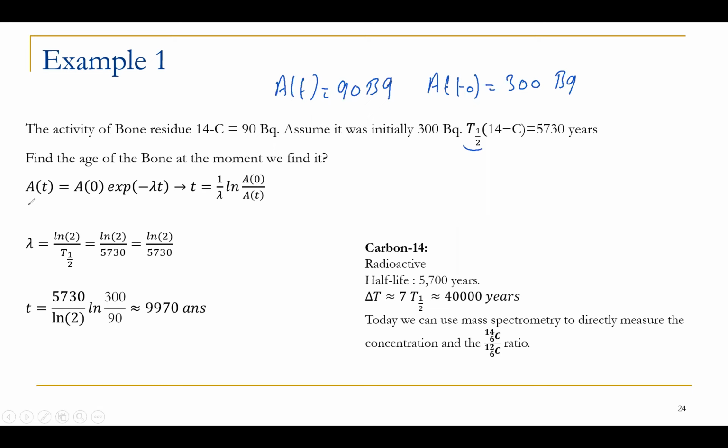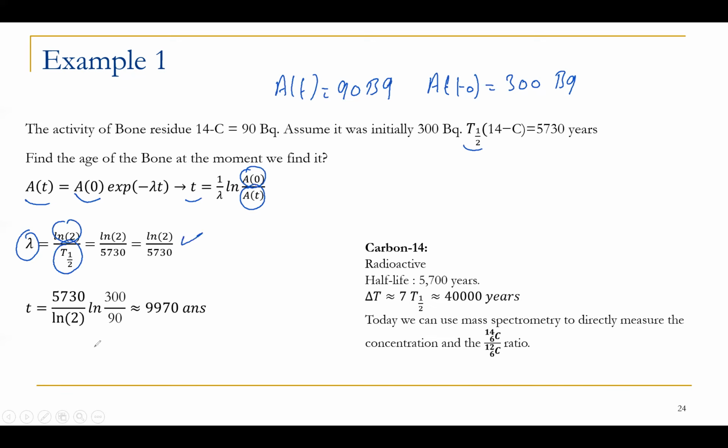So we can apply the activity at a time t equals the initial activity times exponential minus lambda t. We can calculate t, which equals 1 over lambda times ln of A initial over A final. We can calculate lambda equals ln 2 divided by t half.